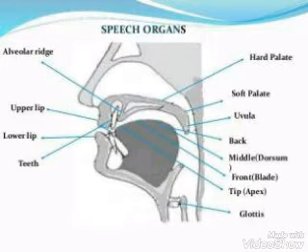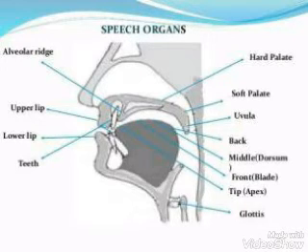First, the sounds produced by the back of the tongue, the dorsum, and the soft palate, for example the sounds J and G. Second, the sound of the uvula, produced by the back of the tongue and the uvula, for example the sound Q. Third, the sound produced by the back of the tongue and the soft palate.